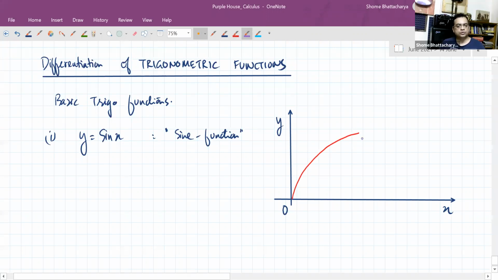So at this stage, I'm just giving you the absolute basic graph from 0 to 90 degrees, or what we call pi by 2. At a later stage, we will also see how the graph extends to larger values of x. So this is the graph of y equal to sine x. 90 degrees is the same thing as pi by 2 radians.